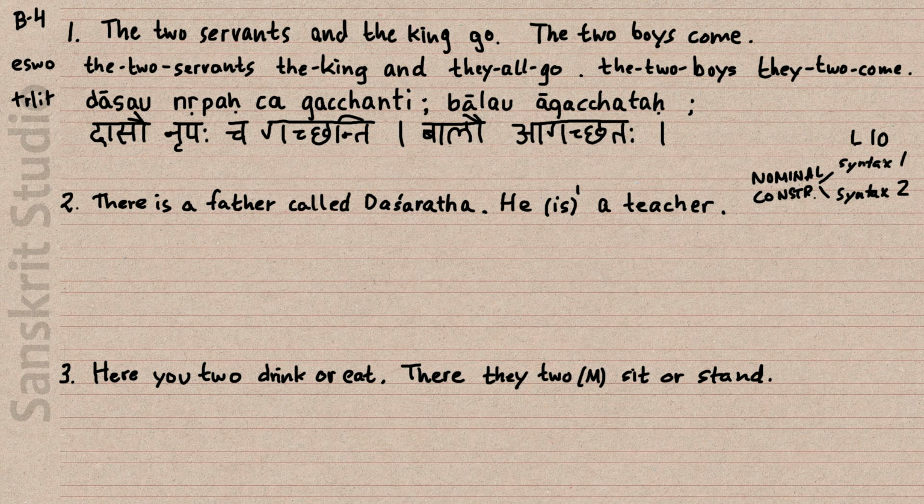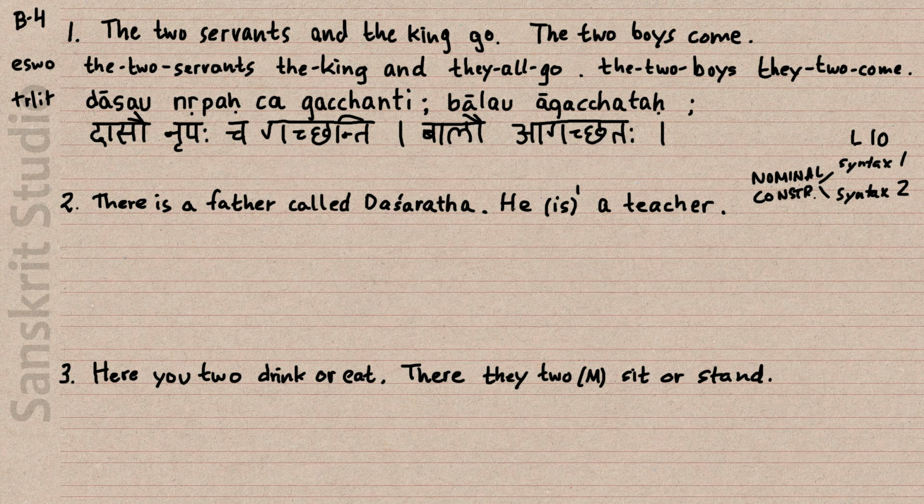So the basic idea here is that syntax 1 is about where the subject ends up, or the order of the words. It's about the word order.